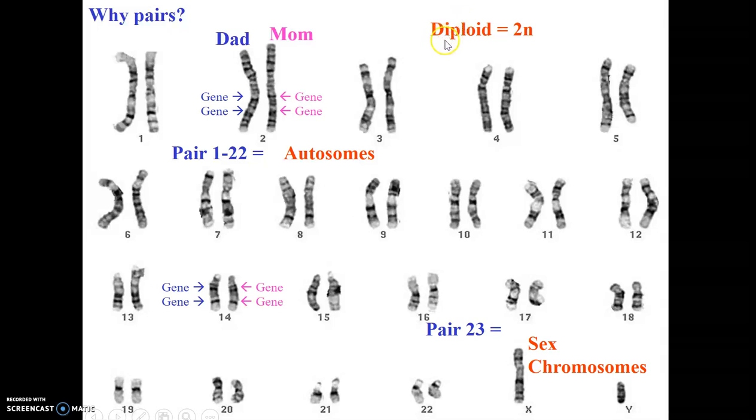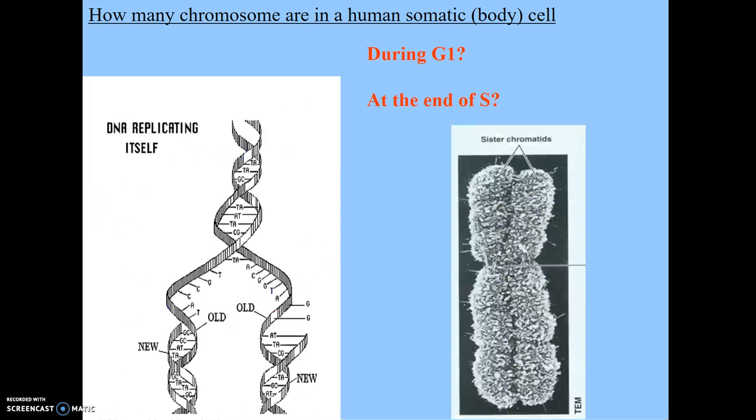Diploid means that you have 2 sets of chromosomes, or 2N. N equals the number of types of chromosomes, so 1 through 23, and the 2 means that you have 2 versions of each. So this karyotype here is showing a diploid human cell.